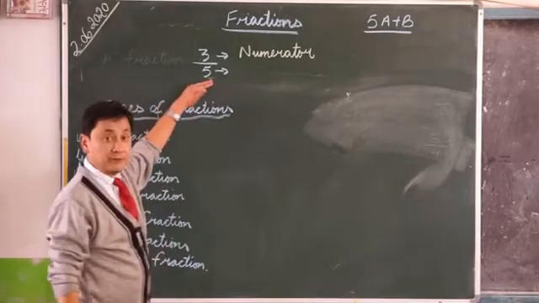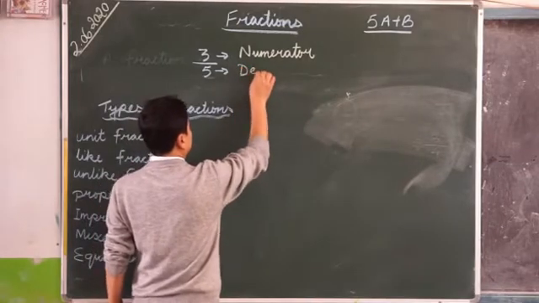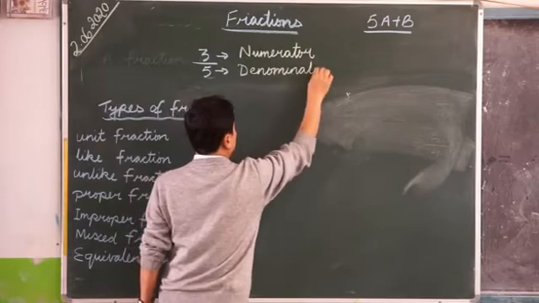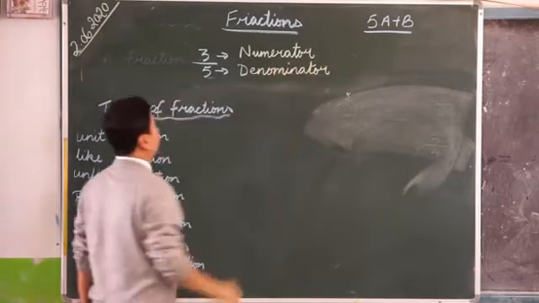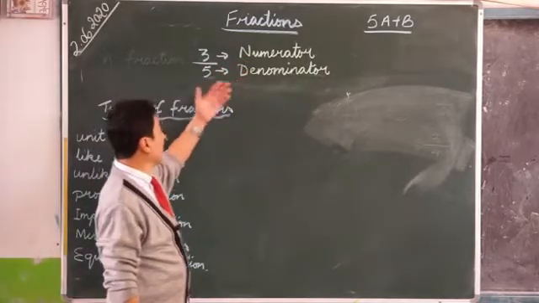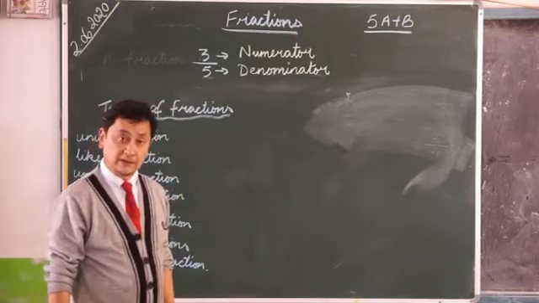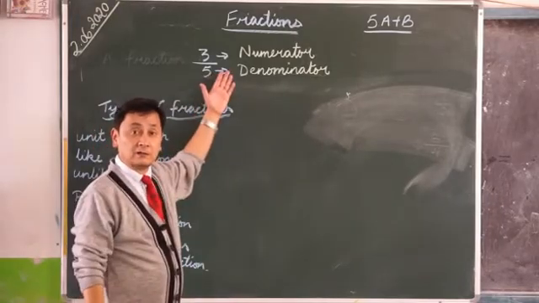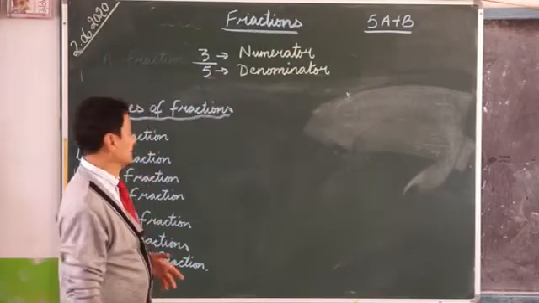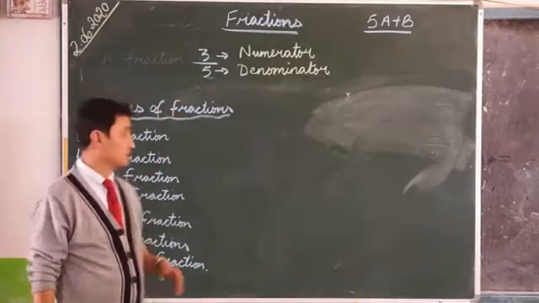And 5 will be your denominator. So a fraction has 2 parts. The top part is known as the numerator. The bottom part is known as the denominator. So 3 is the numerator and 5 is the denominator.